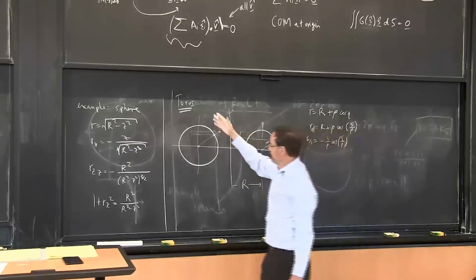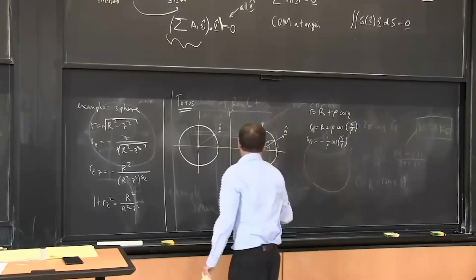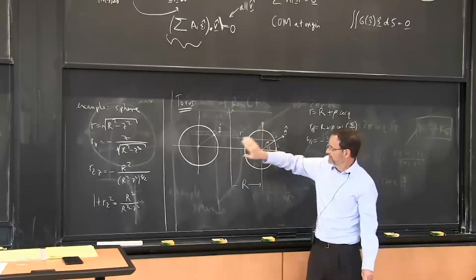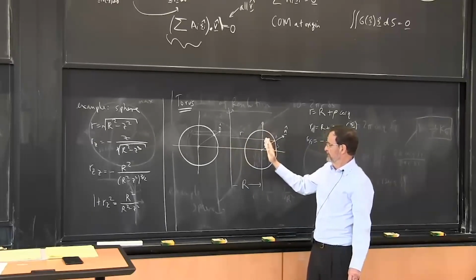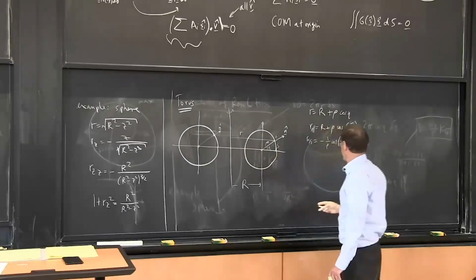So that divides the torus into two parts in a way. One that's inside this cylinder where everything is negative curvature, and the other part which is outside.